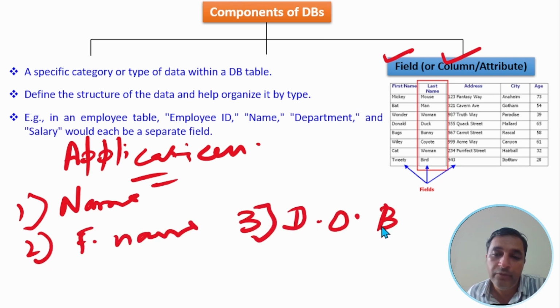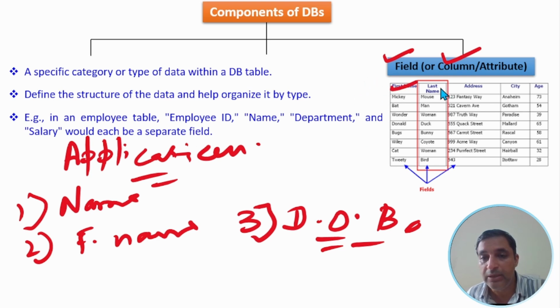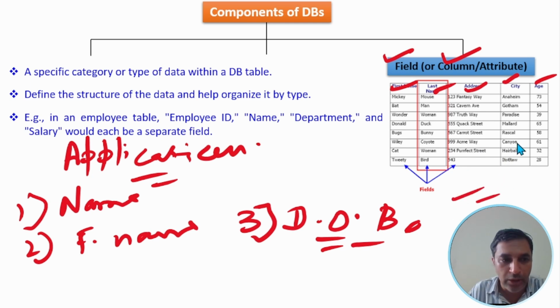All this information asked from the user forms the field or column attribute. In the example given here, the first name, last name, address, city, and the age of the applicant or the employee form the fields of the database.